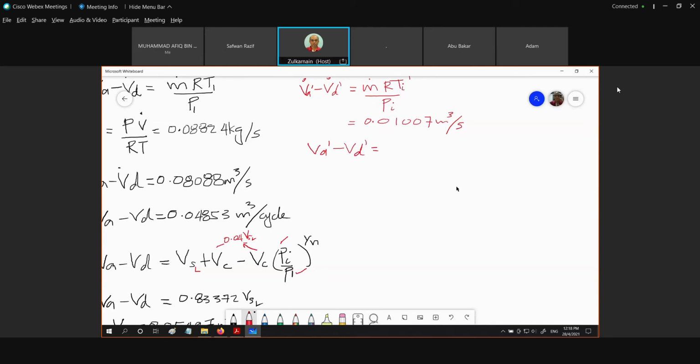Then we are going to get it in terms of per cycle. And this will give us the value of 6.0420 exponential minus 3 meter cube over cycle.